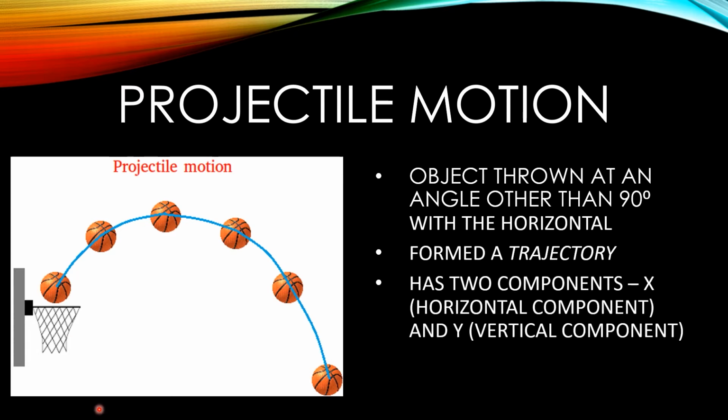Now, projectile motion has two components, and these are the horizontal component and also the vertical component. We will use the variable x to express the horizontal component and variable y to express the vertical component.